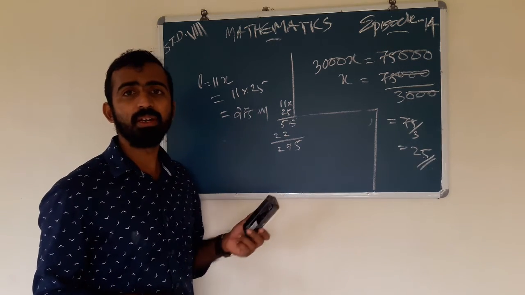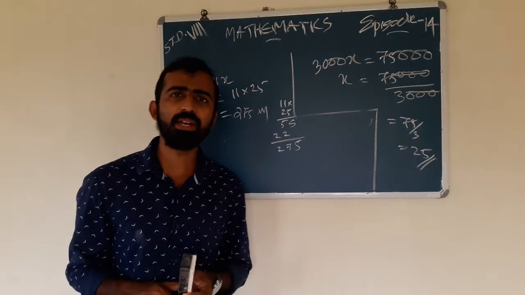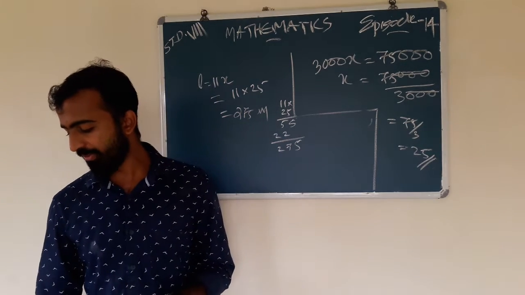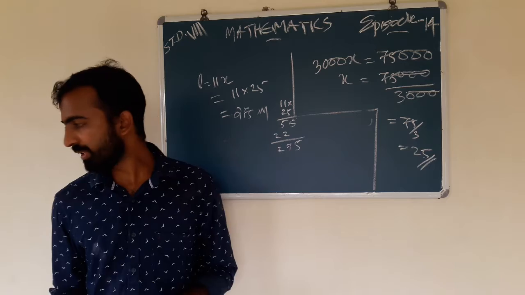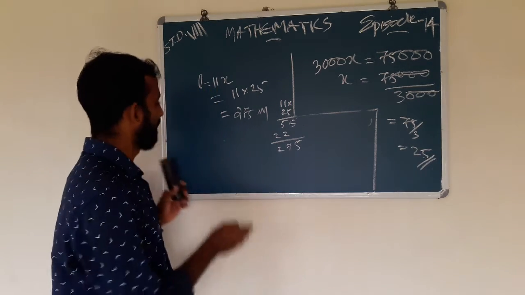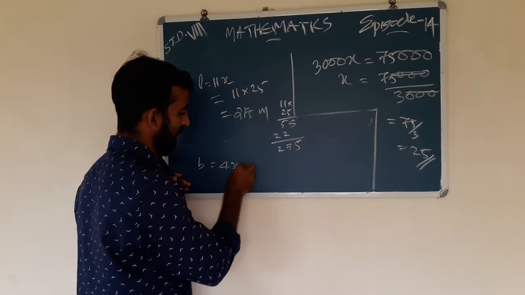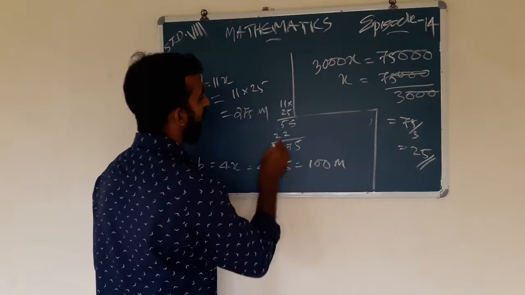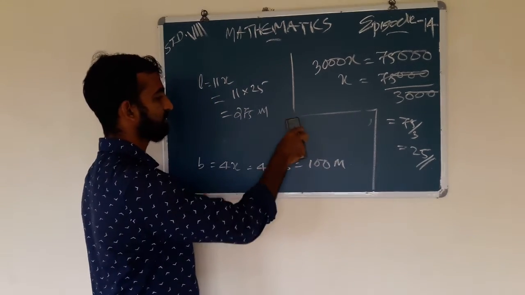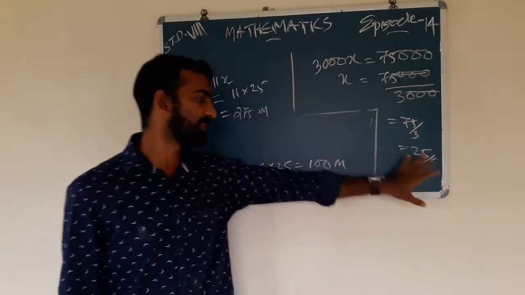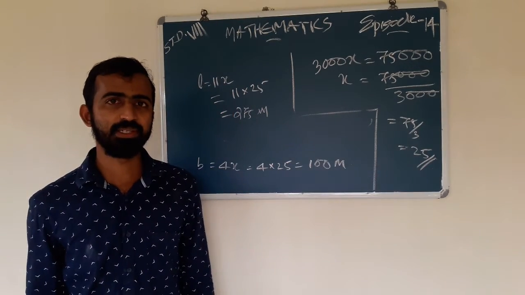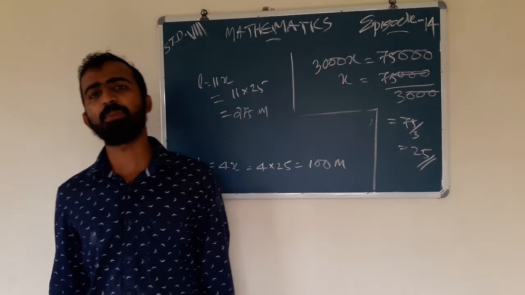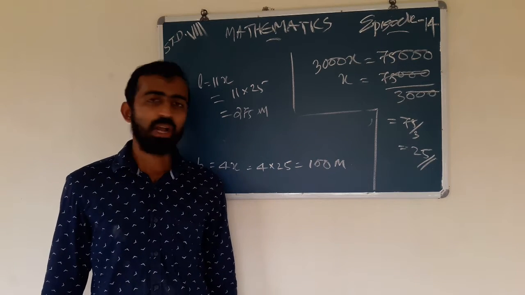That is 275 meter. Length is 275 meter. And what is the breadth? Breadth is 100 meter. Yes, those are the dimensions: length is 275 meter and breadth is 100 meter.